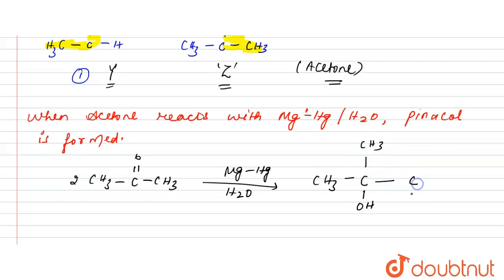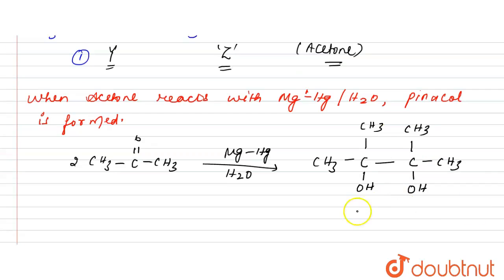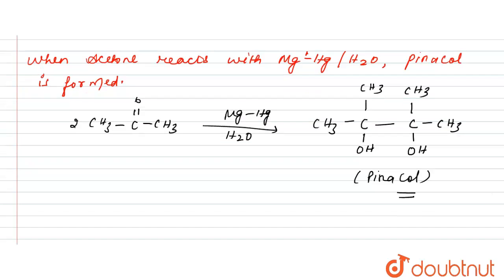Then again one more acetone is attached like this, and finally this is the compound which is formed. So a diol is formed, and this is how the reaction takes place.